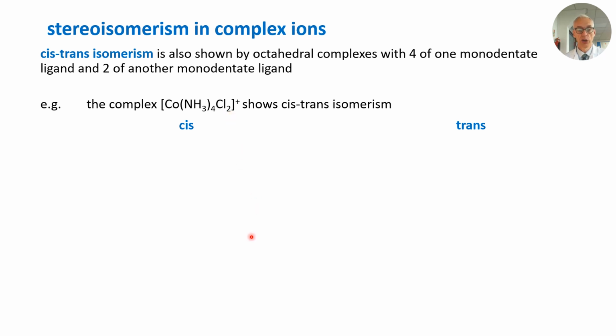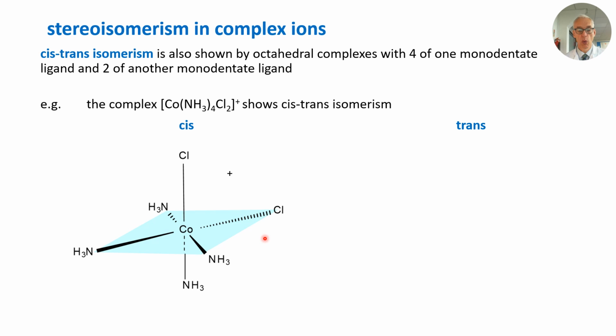If I show you the cis structure, or one representation of it, we'll see that we have the chlorides on the same side of the cobalt. That is, the chlorine-cobalt-chlorine bond angle is 90. You may see that in different orientations that are achieved by rotation.